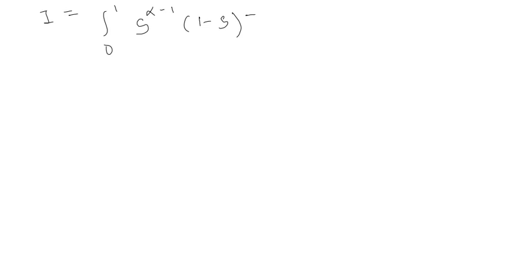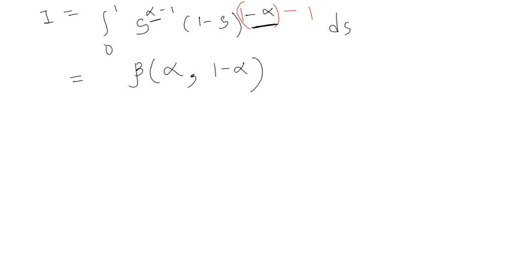But minus alpha I can write as plus 1, and here minus 1, add and subtract plus and minus 1, and now I will combine this. If you remember the beta and gamma functions, this is nothing but beta of alpha comma 1 minus alpha. This is the beta function of alpha comma 1 minus alpha.